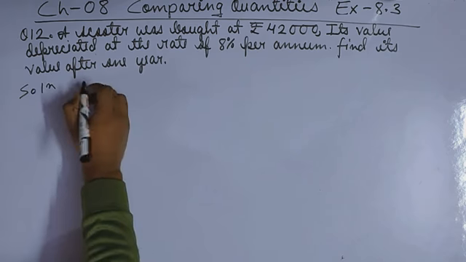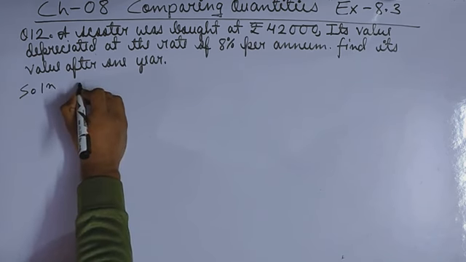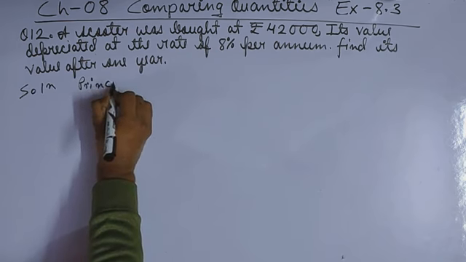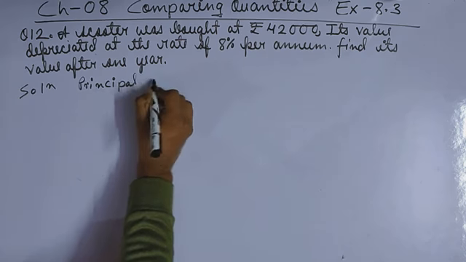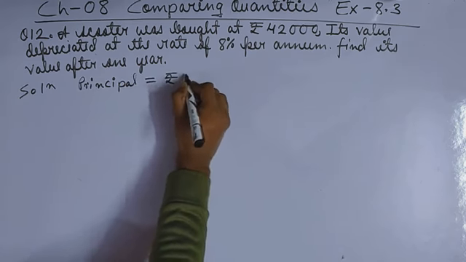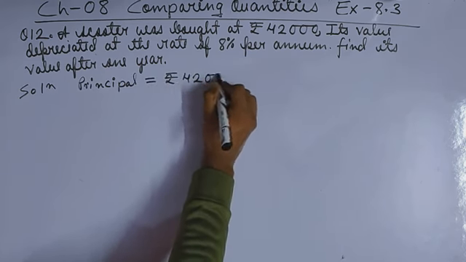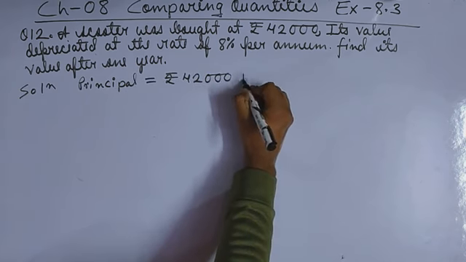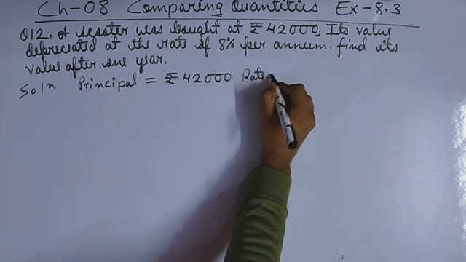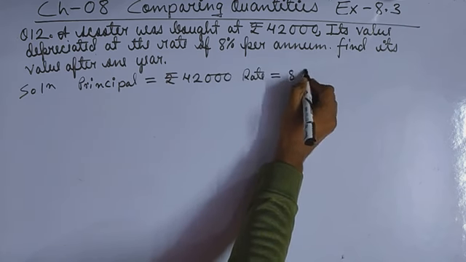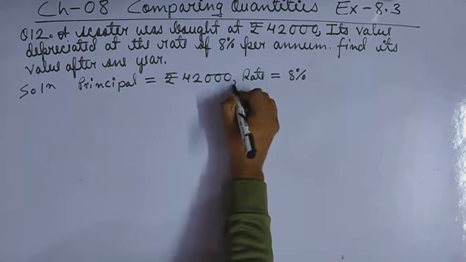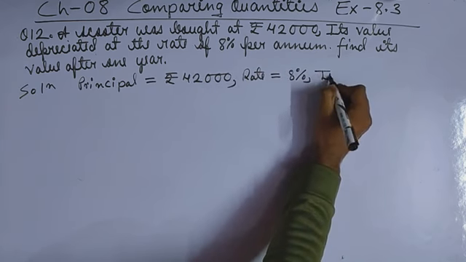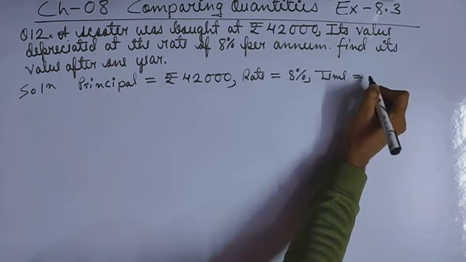The principal amount, that is the initial amount that is given to you, which will be the principal. उसको हम क्या कंसिडर करते हैं? That is principal. तो here in this principal is given to how much? Rupees 42,000, and the rate at which it is depreciating, decreasing is 8% and the time after which you have to tell the price of that item, that is after 1 year.